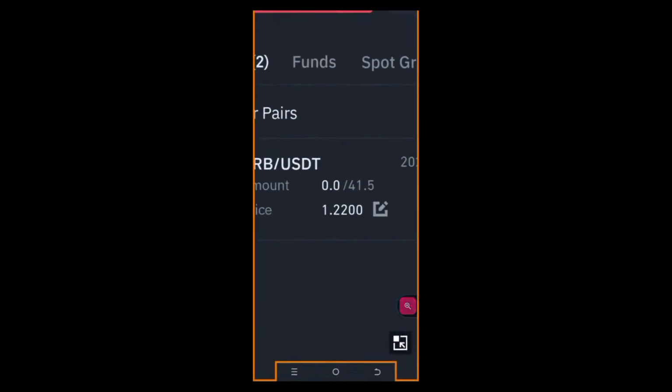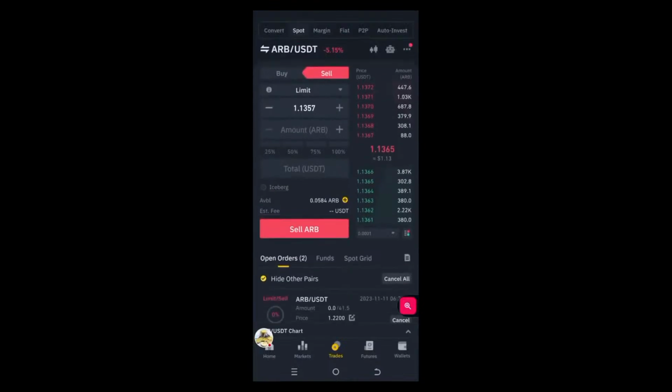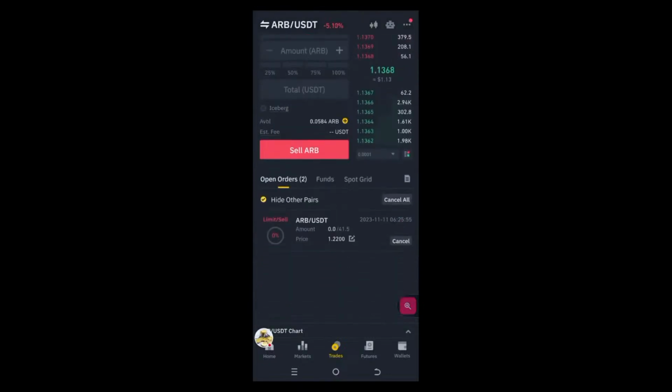That's the price of ARB I want to get, right? But it's currently 1.13, because it's going down, right? So I'm just going to set it to get that, so that even if it takes me 1 or 2 days, once it gets to 1.22, my take profit or my sell limit will be triggered, and I will get the money, and I'll get the profit that goes with it.